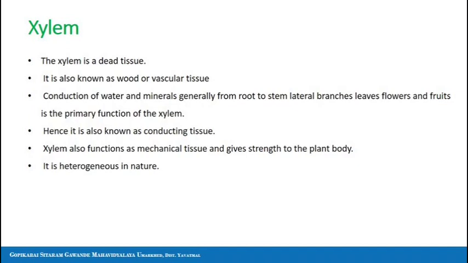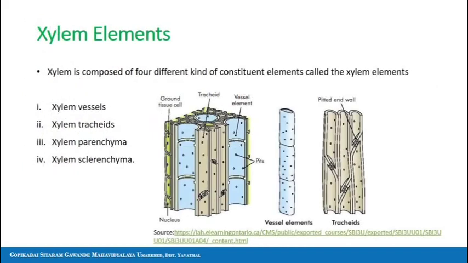It is composed of four different kinds of constituent elements called the xylem elements, so that's why it is heterogeneous in nature. These four xylem elements are xylem vessels, xylem tracheids, xylem parenchyma and xylem sclerenchyma. We will see them one by one.